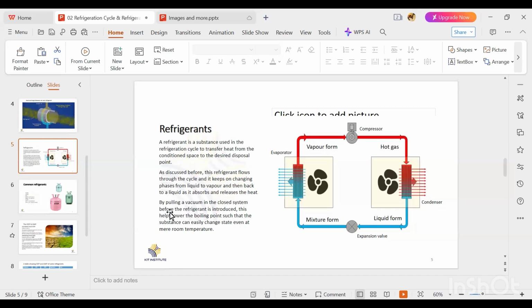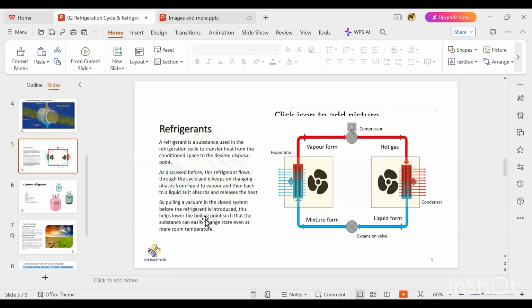So by pulling a vacuum in a closed system before the refrigerant is introduced, this helps lower the boiling point such that the substance can easily change state even at mere room temperature.